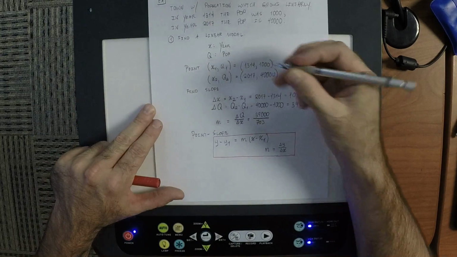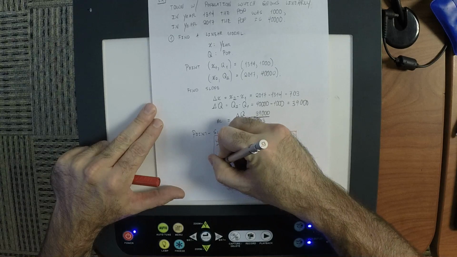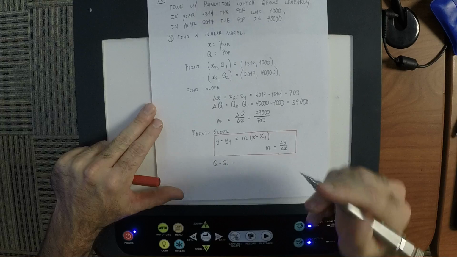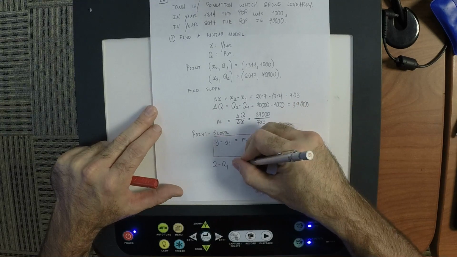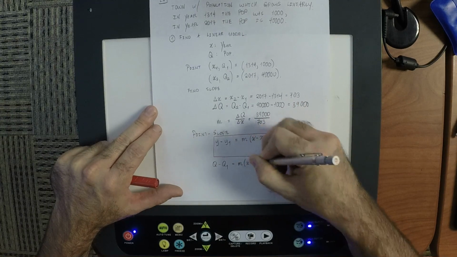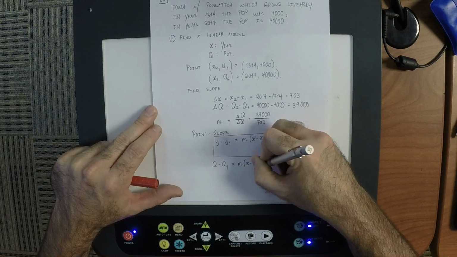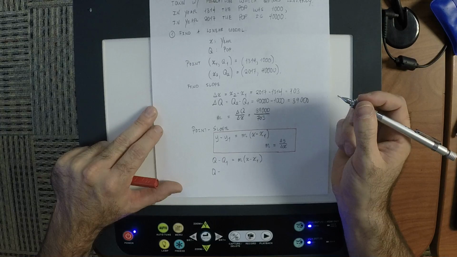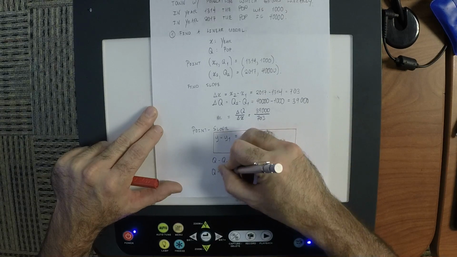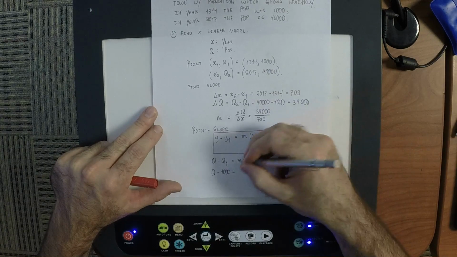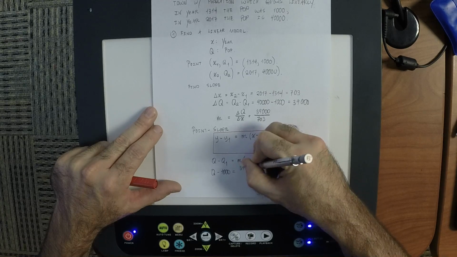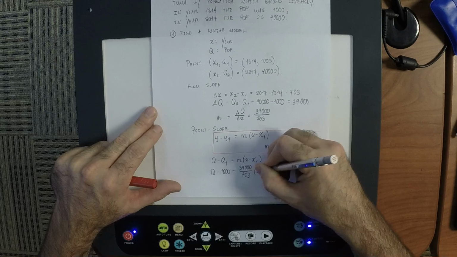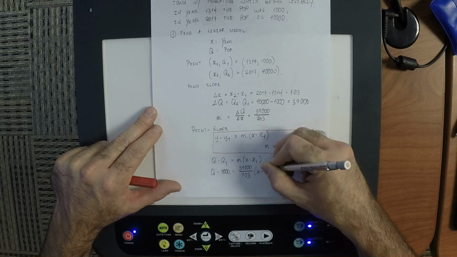Okay. So we'd have q minus q1 is m times x minus x1, so that q minus 1,000 is 39,000 over 703 multiplied by x minus 1314.